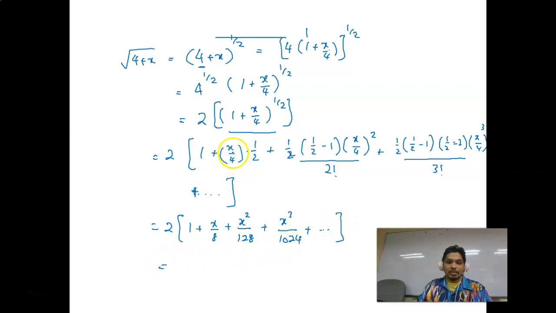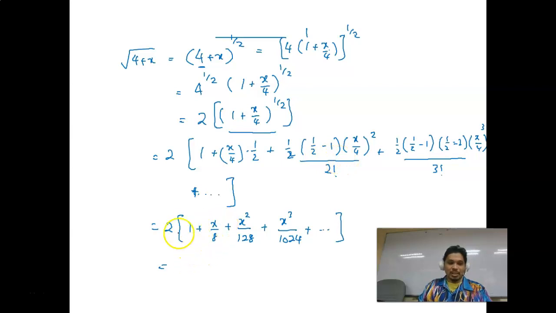Okay, so expand this, simplify this, x and x over 8, and this is half minus 1 is negative half, so half times negative half with x over 4 squared divided by 2 factorial. Simplify all this, it gives you x squared divided by 128. So just calculate, try to calculate by yourself.